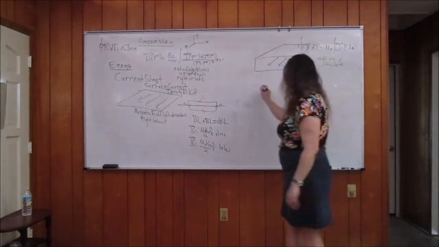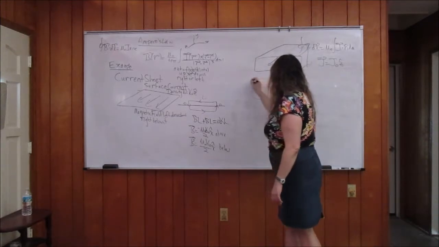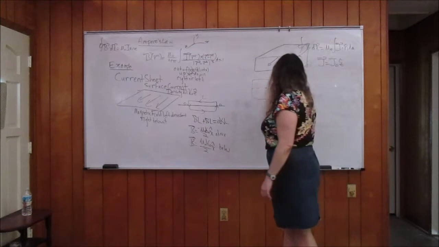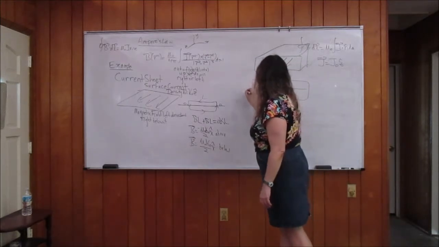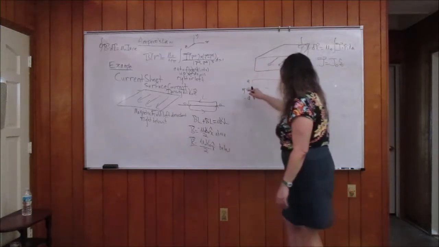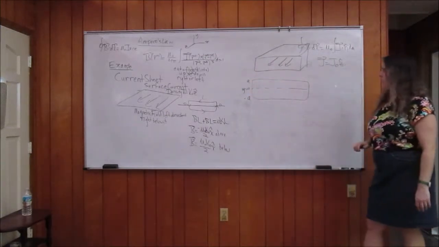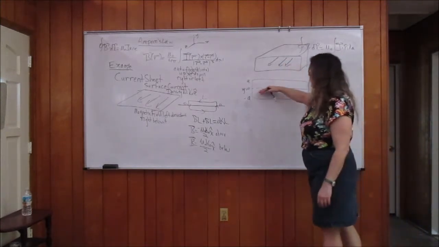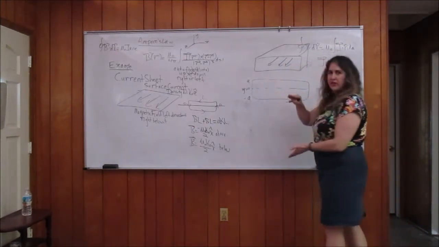I'm going to draw another little rectangle here. We're looking at this current slab dead on. Let's suppose this is y equals 0. So the midplane of the current slab lies at y equals 0, and it has thickness 2a.